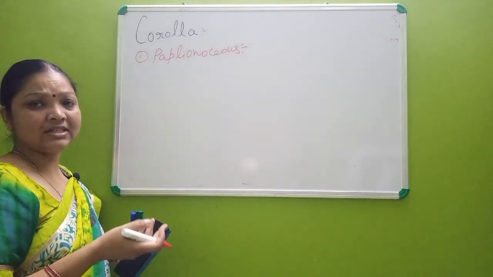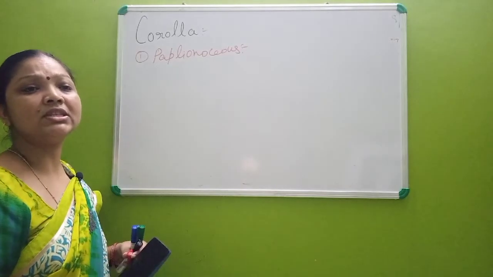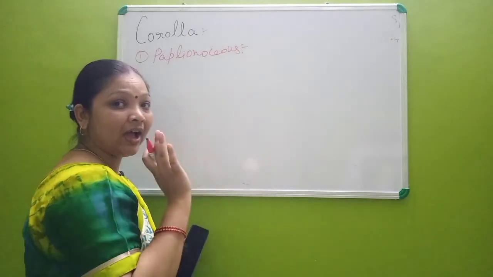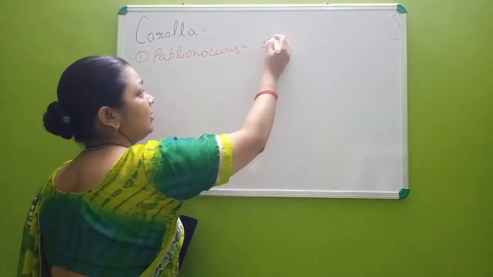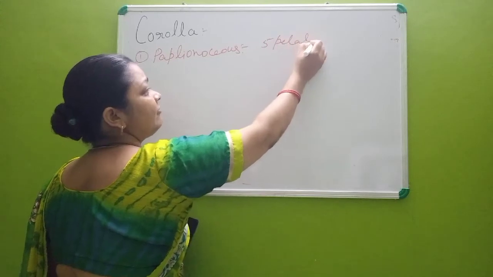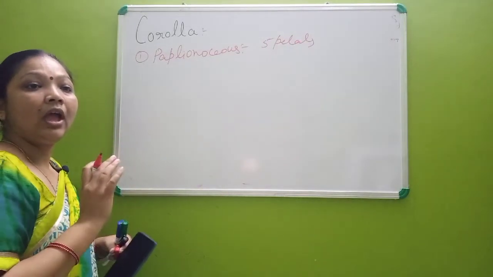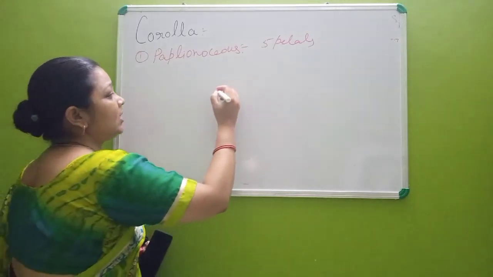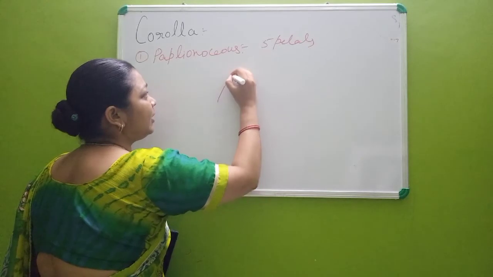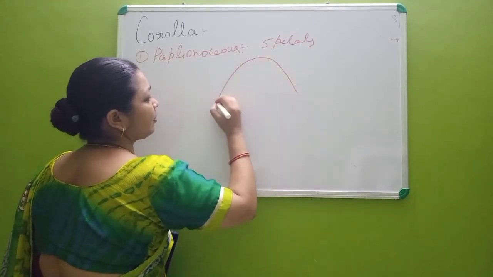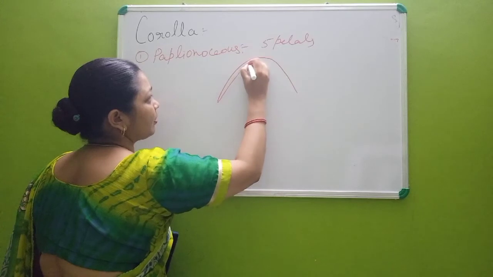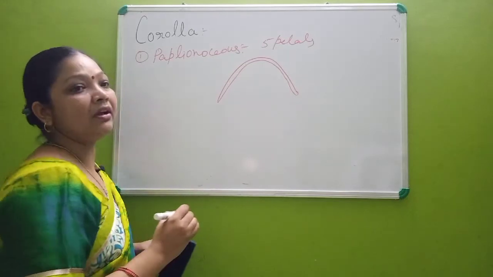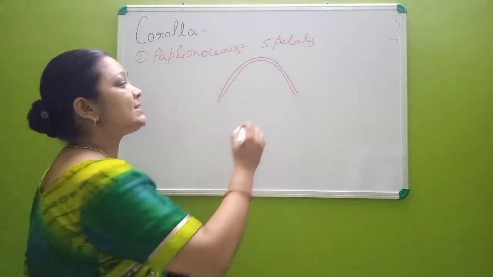As the name suggests, it is a characteristic feature of the Papilionaceae family. In the previous type there were 4 petals; here there are 5 petals, and their arrangement is somewhat like this: there is one bigger petal, and this bigger petal is called the standard.